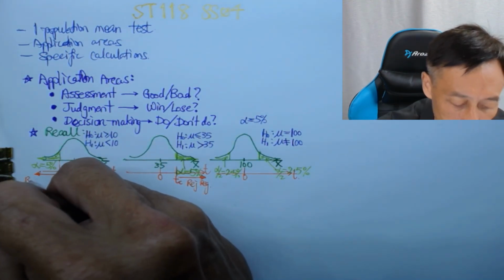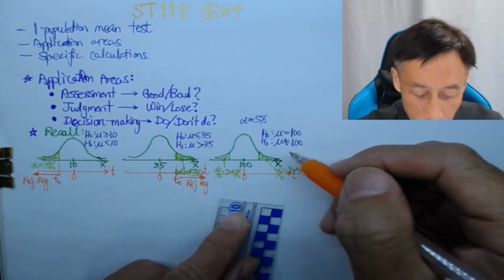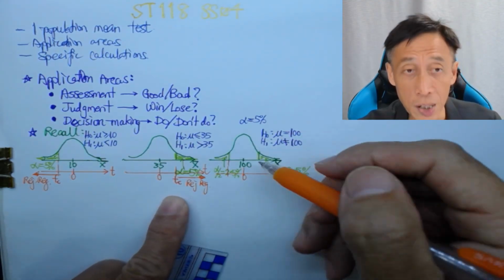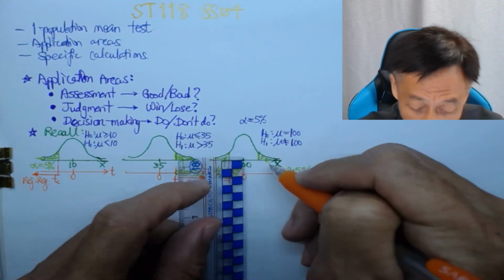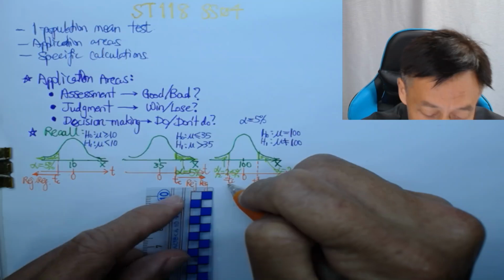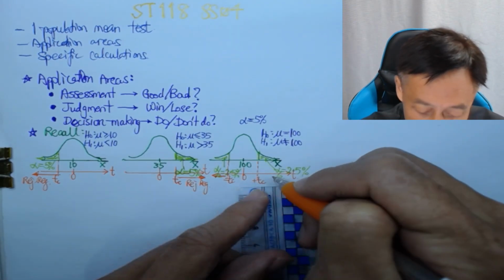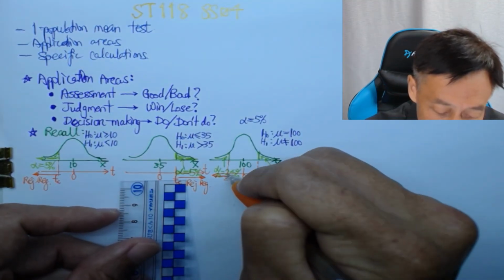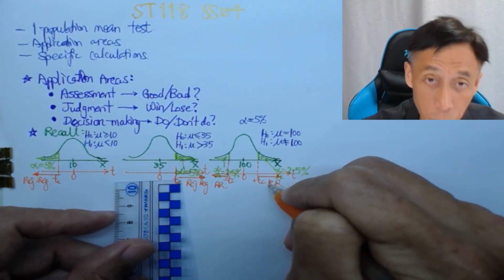And here we have two TCs. Typically, if we keep TC as a positive value, then we can call this the minus TC and the plus TC. Right. And we have two rejection regions, the left rejection region and the right rejection region. Rejection of what? Rejection of the H0. That's right.